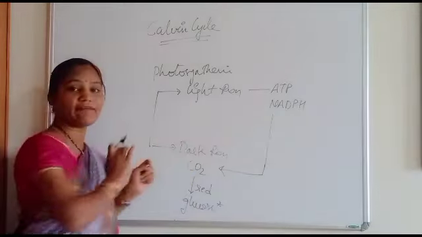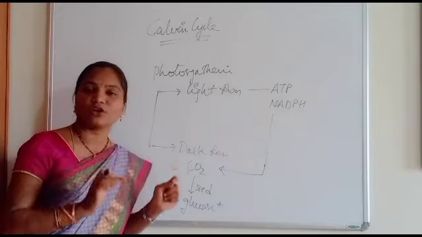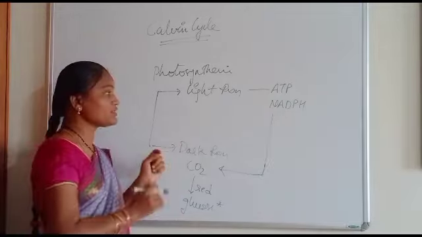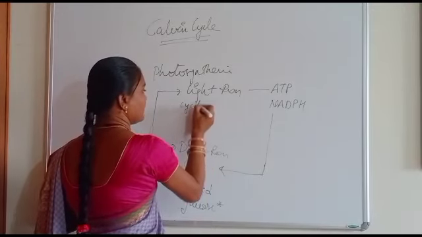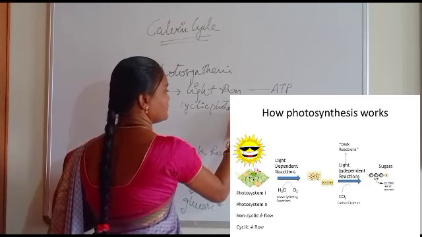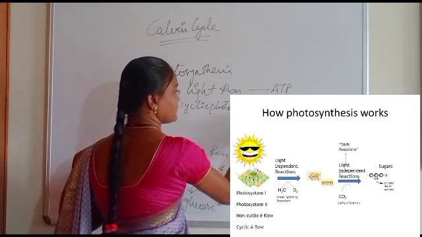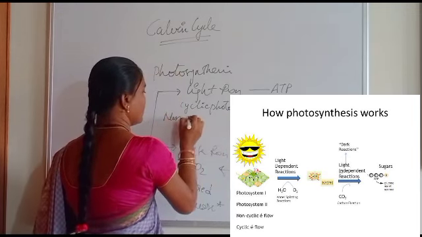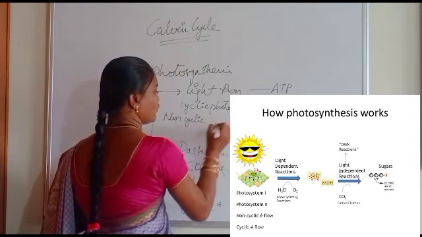We have already learned about the light reaction. It is again a two-step process which gives cyclic photophosphorylation as well as non-cyclic photophosphorylation.